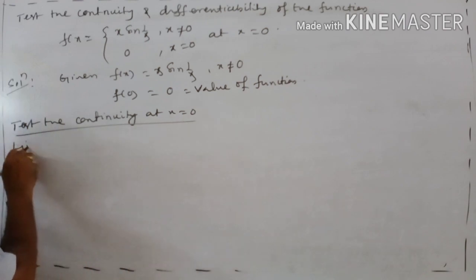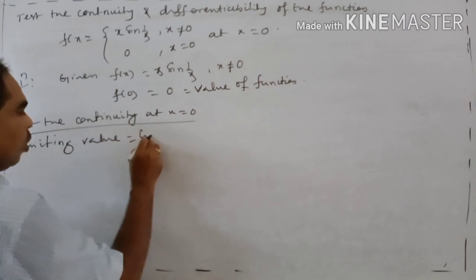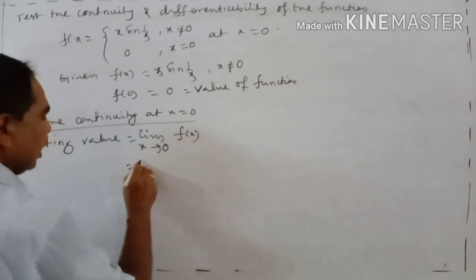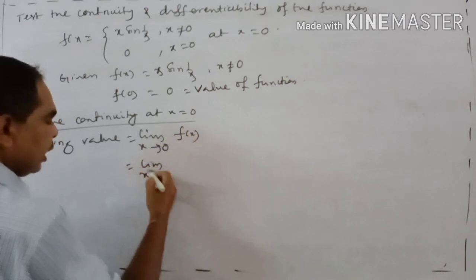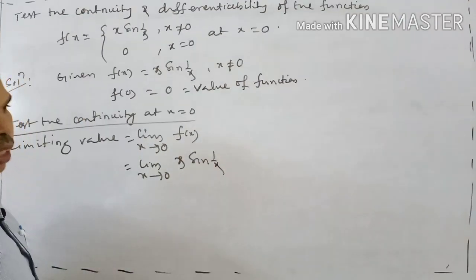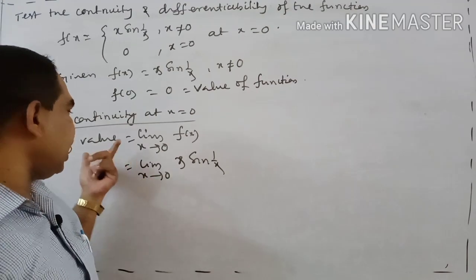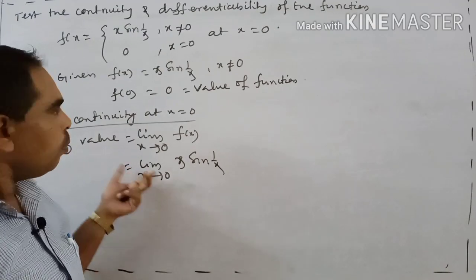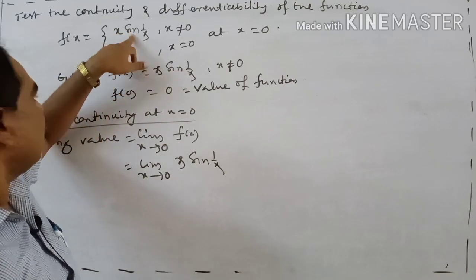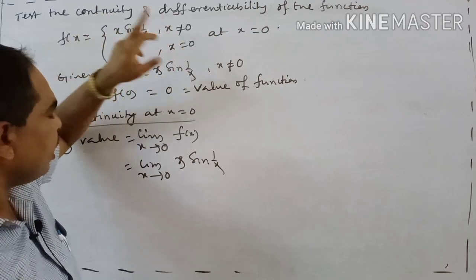Limiting value is equal to limit x tends to 0 of f of x, which is limit x tends to 0 of x sin 1 by x. In this case, it is not required to find LHL and RHL because this function does not contain a mod function, greatest integer, exponential, or a less-than or greater-than condition.